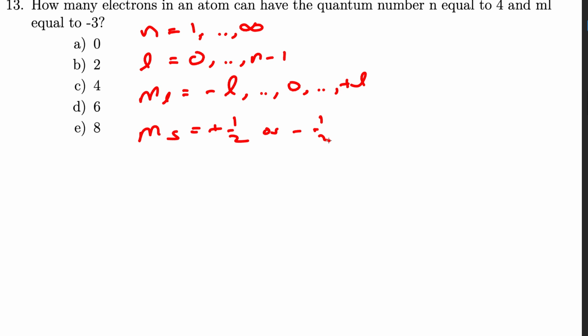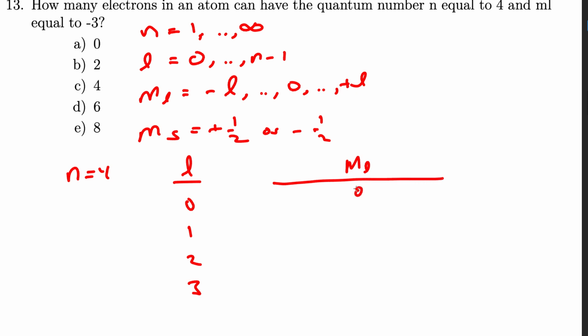If n equals 4, that means L can be 0, 1, 2, or 3. Looking at the possible m sub L values: when L is 0, m sub L is 0. When L is 1, m sub L can be minus 1, 0, or plus 1. When L is 2, m sub L can be minus 2, minus 1, 0, 1, and 2. When L equals 3, m sub L can be minus 3, minus 2, minus 1, 0, 1, 2, or 3.